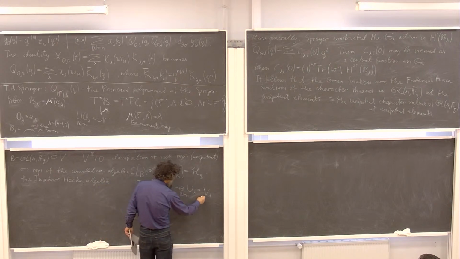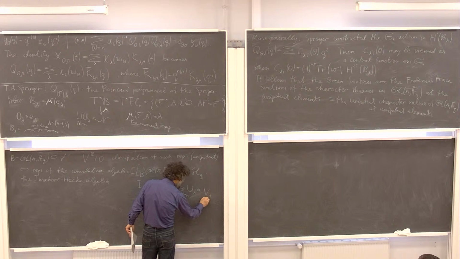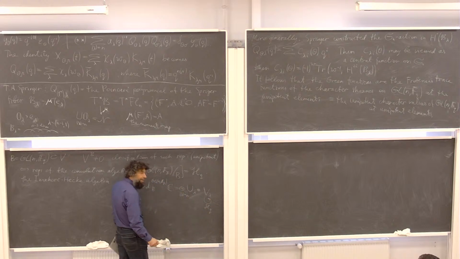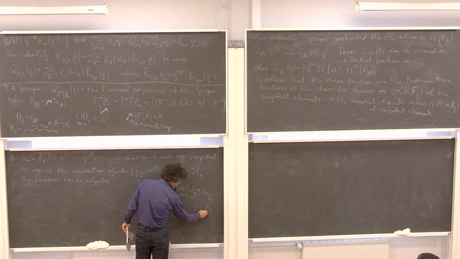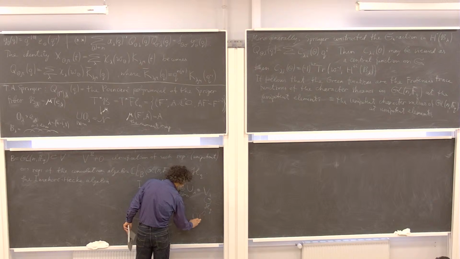But in fact, here it appears in a different incarnation. It's an irreducible representation of this Iwahori-Hecke algebra. But the Iwahori-Hecke algebra, as I mentioned already, is abstractly isomorphic to the group algebra of the symmetric group.